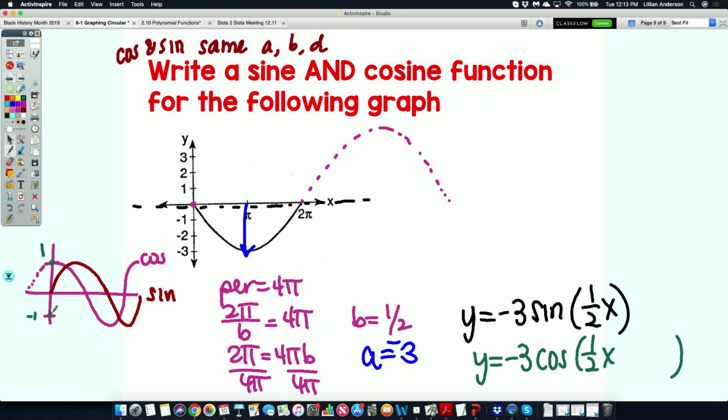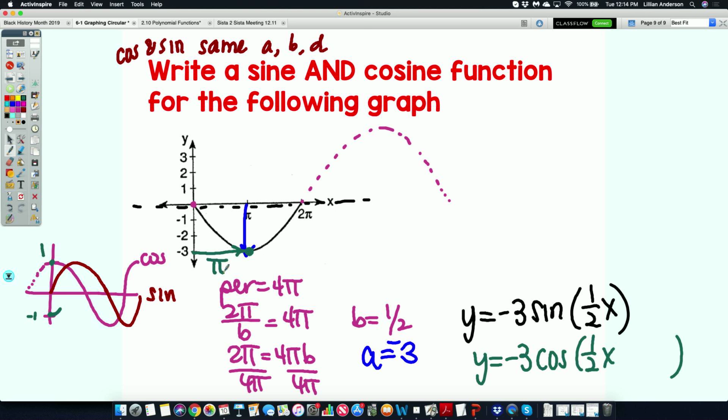Where's that low point on the graph now? Where is it now located? That's the y. Where is it on the x? It's pi. It's right here. It's that point. Okay? I have moved from being on the y-axis to this point. How far is that? Pi.